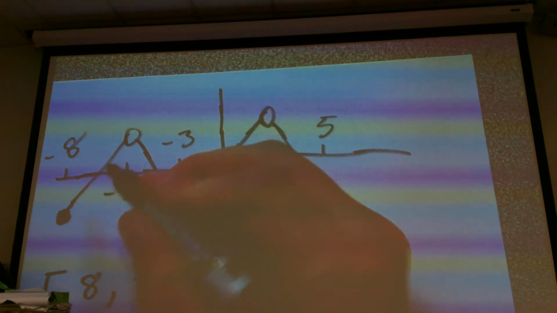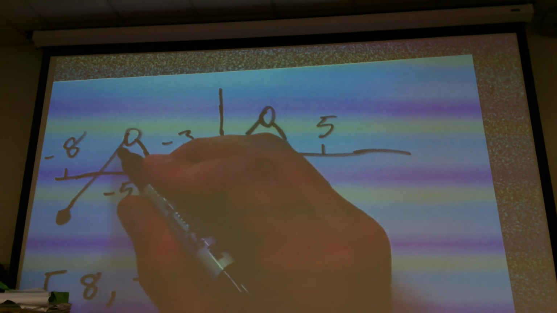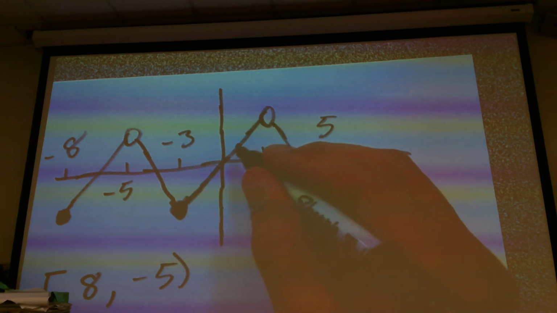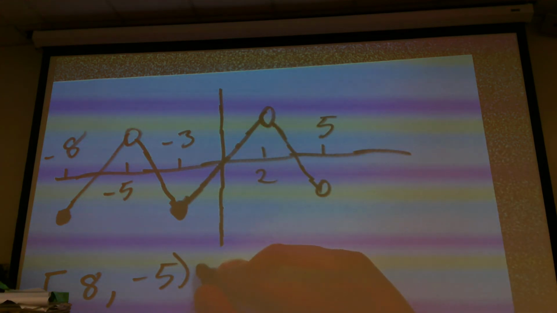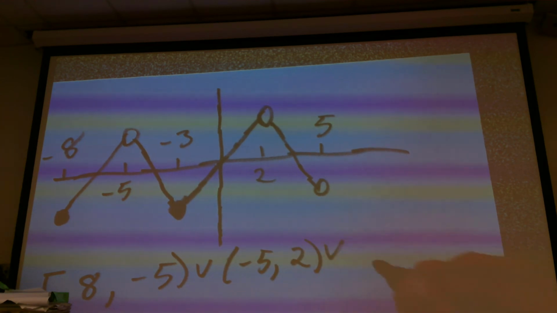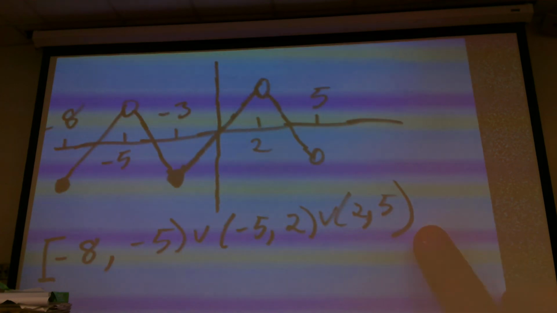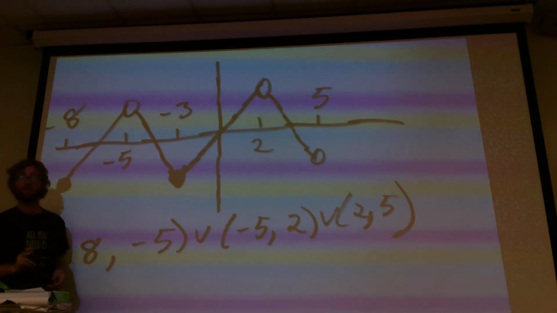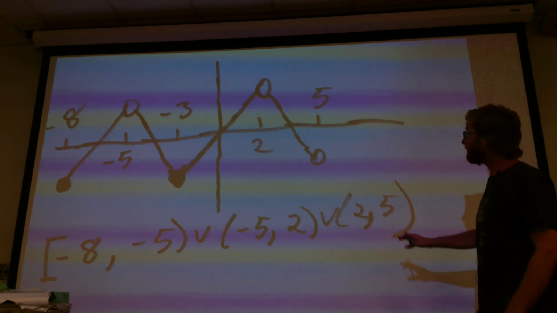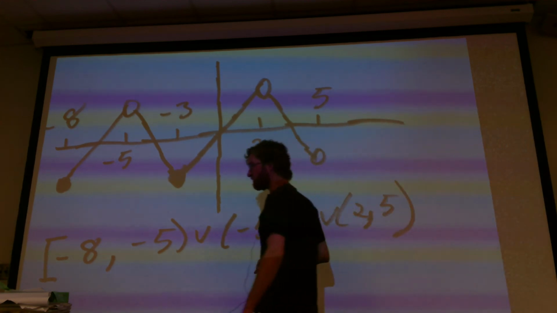Okay, so if I put my finger on this thing, I got to pull my finger up all the way up to that point right there. So that's going to go from -5 up to 2, and then we'll union that with 2 to 5. And this guy's going to get a parentheses because we have an open dot at this very far end. Okay? So this right here is the interval of continuity.